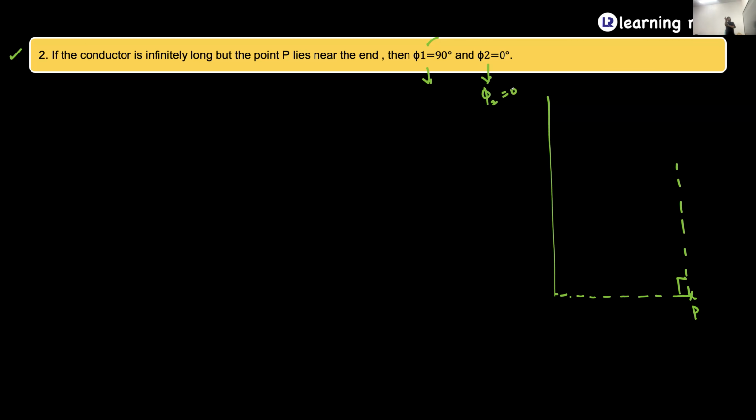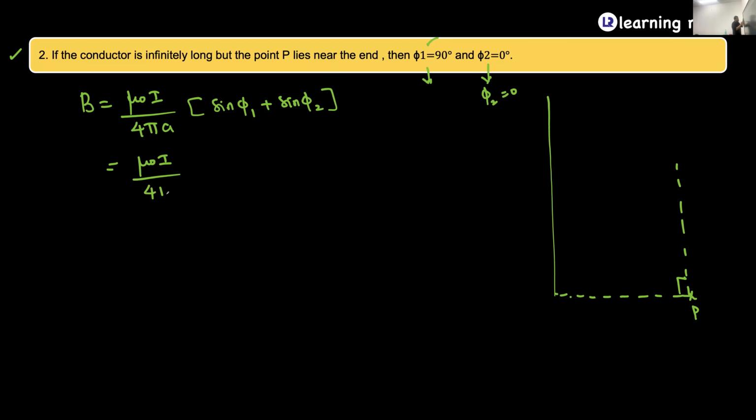Okay. Now the question is, B is equal to mu naught I divided by 4 pi A into sine phi1 plus sine phi2. Same thing again substituted. So it is going to be mu naught I divided by 4 pi A into sine of phi1, which is how much? 90, which is going to be 1.